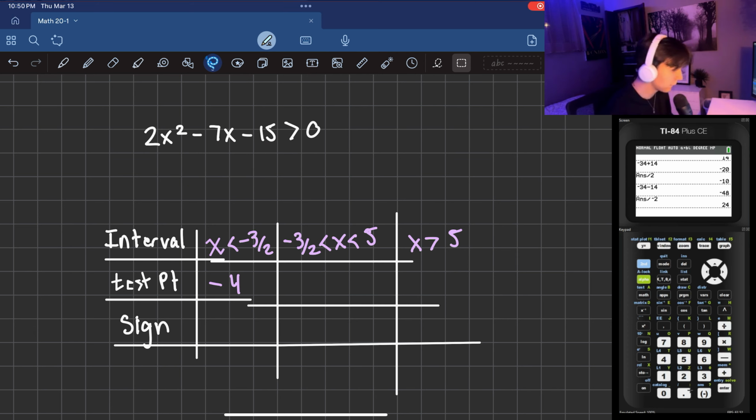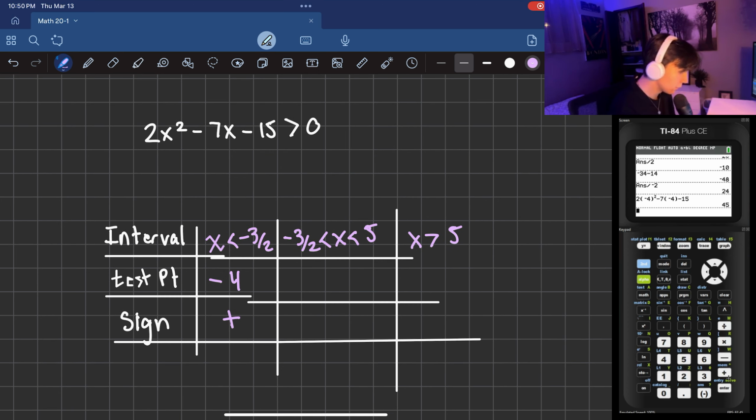So go in your calculator and plug in -4 for x, and then see what it gives you. And this gives us 45. We're looking at the sign mainly, so the sign is positive here, so that's good.